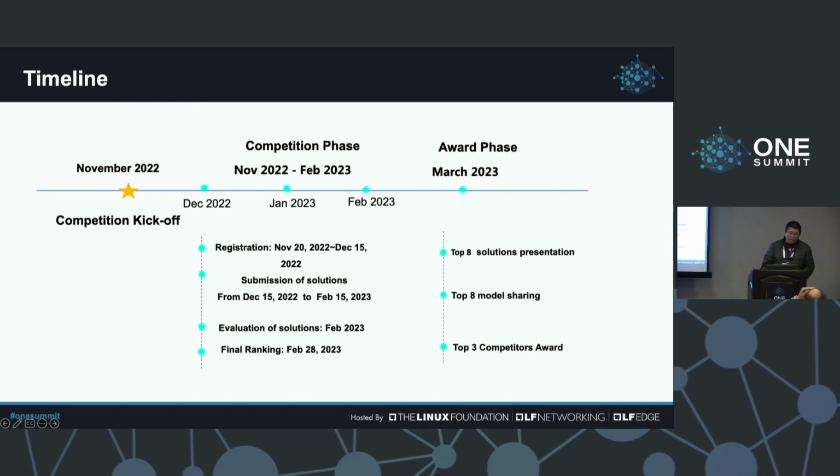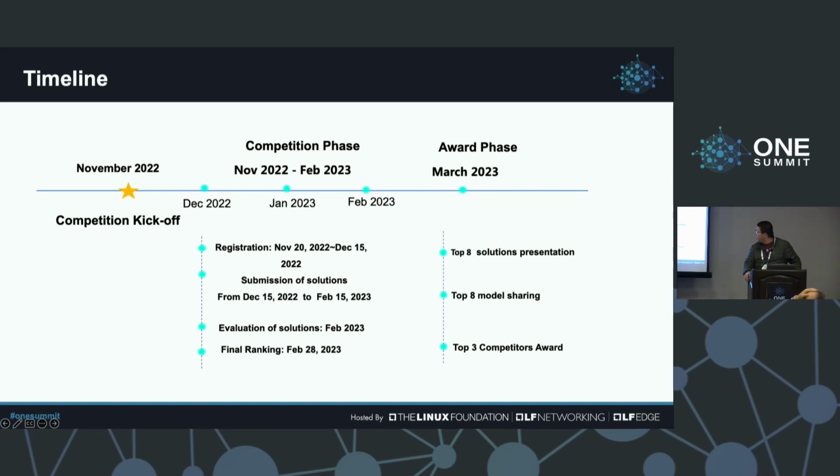So here we give the timeline of this practice. The competition will run from November 2022 to February 2023. During this period, the competitors should finish the registration and result submission, and we will also evaluate the results and give the final ranking.